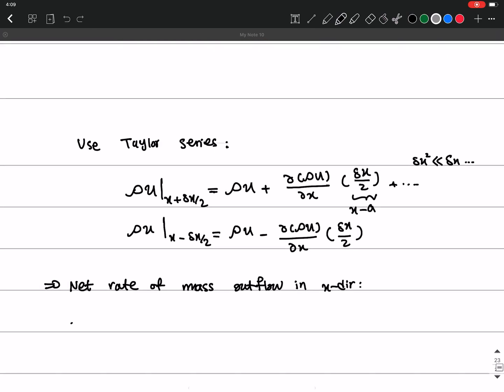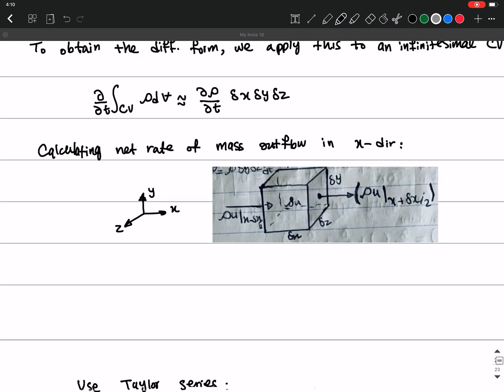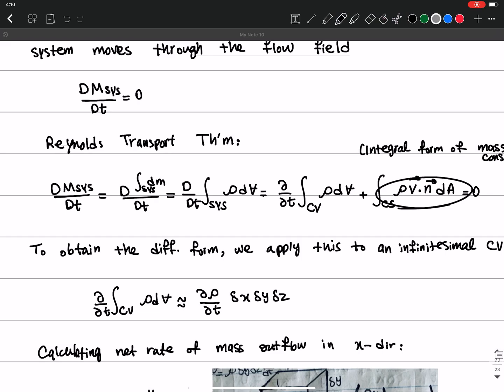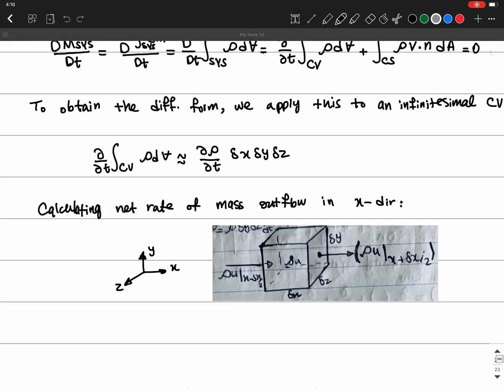So we have rho u plus partial rho u over partial x times delta x over 2, times the whole thing times the area, because we have this times dA. So I have to multiply it by the area of this control surface, which is delta y times delta z.